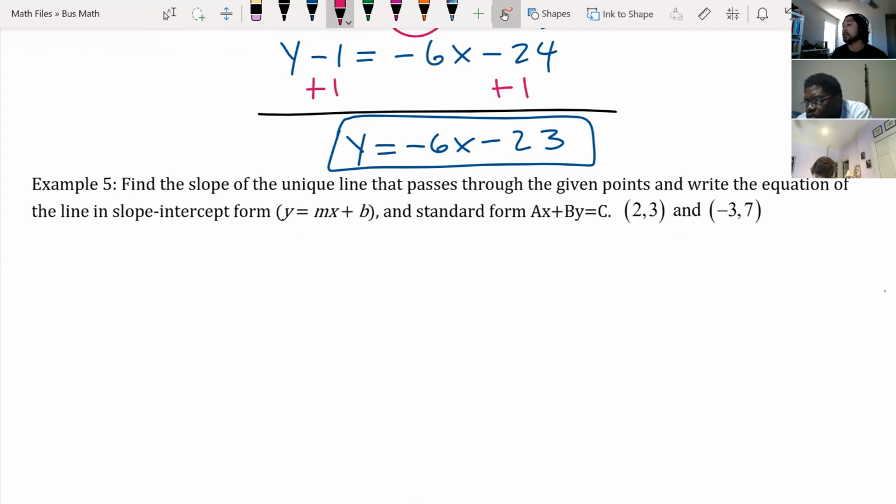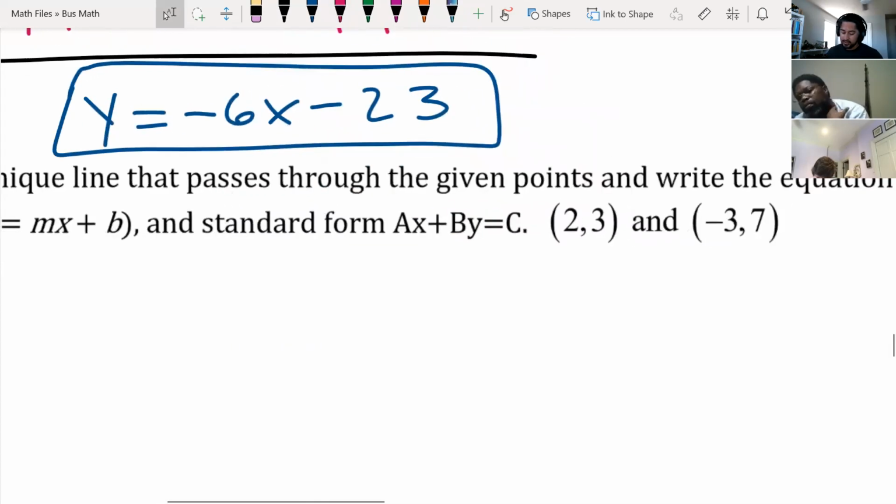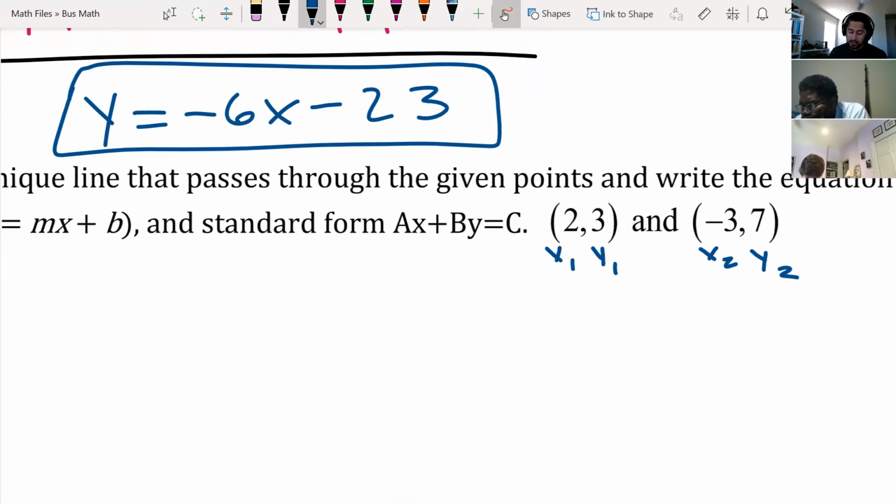So that's our first job, to find the slope between these two given points. Before we do so, I'm going to label everything like I always do. You're going to be x1, y1, x2, y2. And let's go ahead and find the slope.